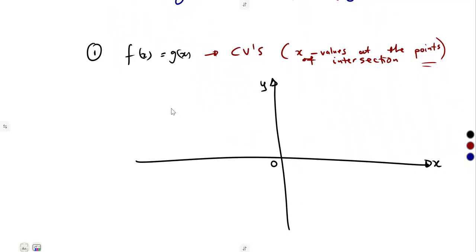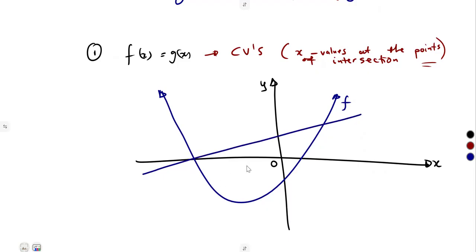So let's say I have got our f of x, something like this. All right, this is our f. And what we have is also a linear graph, which is a straight line, to represent another graph, something like this. And let us call it g of x, which is the straight line.